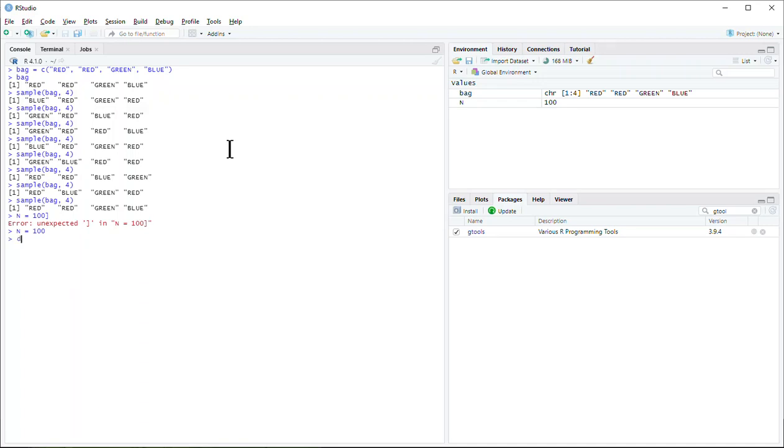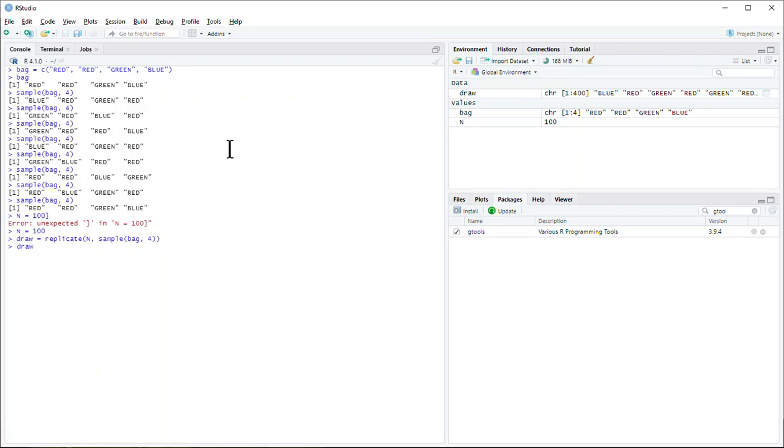I'm going to call it draw, equal to replicate n number of times, and then I tell it what to do. Here I'm going to sample the bag 4 times. Now I've made this list called draw that has all of these results 100 times.